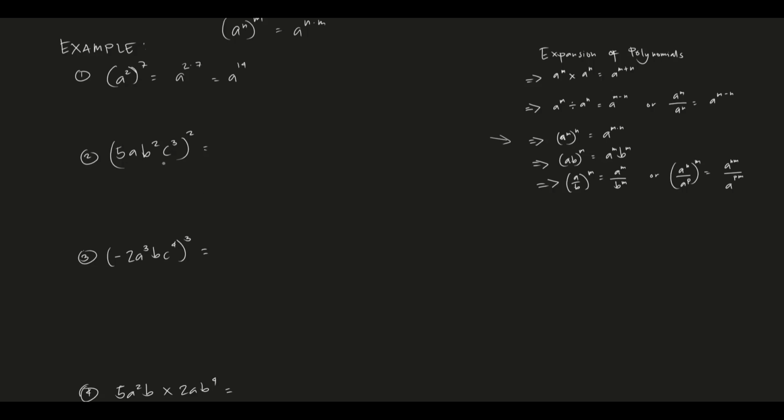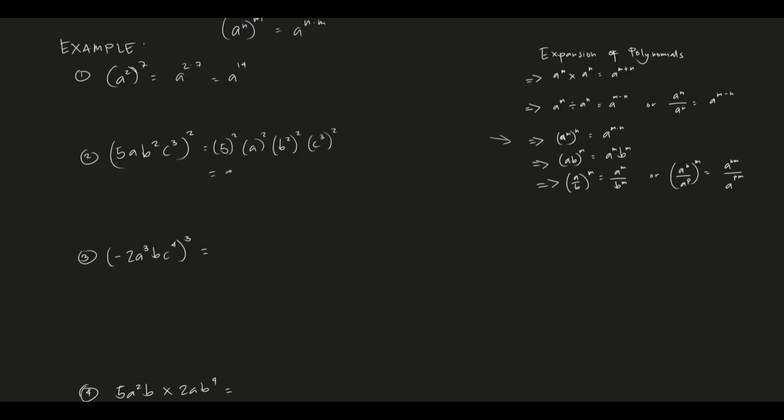5ab squared c raised to the 3, then all of them will be raised to the power of 2. So we need to distribute this power of 2 to each one of them. So it will become 5 raised to the 2, a raised to the 2, b squared raised to the 2, and c cubed raised to the 2.